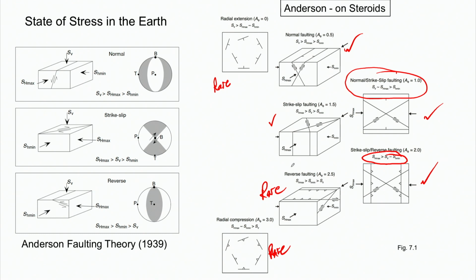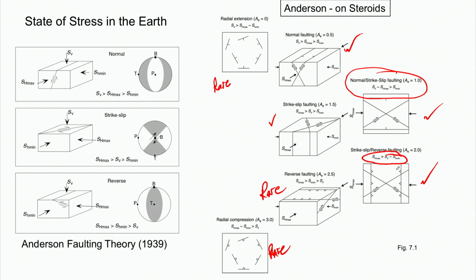And therefore, in the same stress state, you could either get strike-slip faults or normal faults slipping, depending on the orientation of the fault, in this case. Or you can get strike-slip and reverse faulting stress states, normal faults and strike-slip faults moving at the same time in this stress state, depending on the fault orientation. We'll see examples of this when we do a review of stress states in different sedimentary basins.